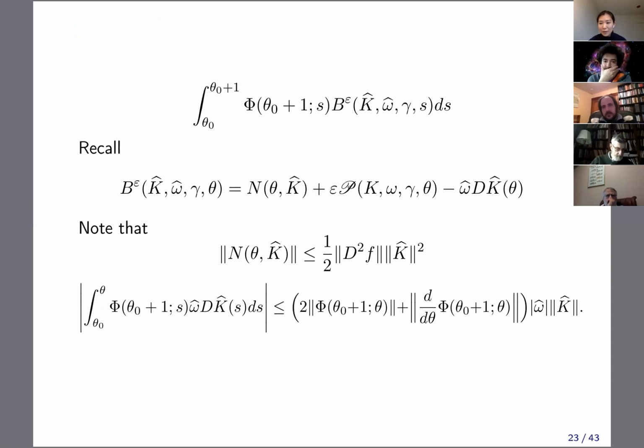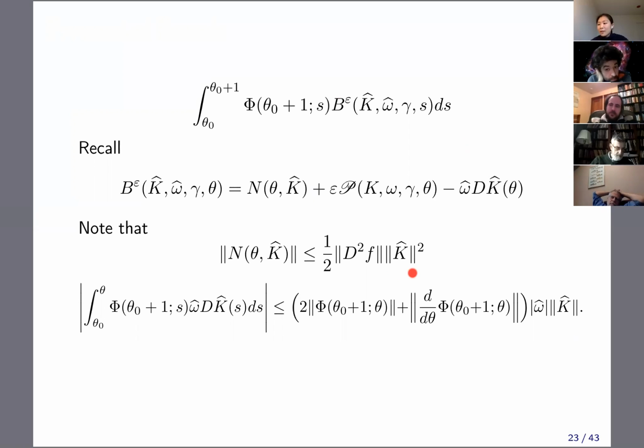The basic idea for the proof of the previous lemma is as follows. Basically, we first consider C0 bounds. To consider C0 bounds it is enough to consider this expression. And recall that this B epsilon is small, so the first term in B epsilon can be controlled by the C0 norm of K hat squared.